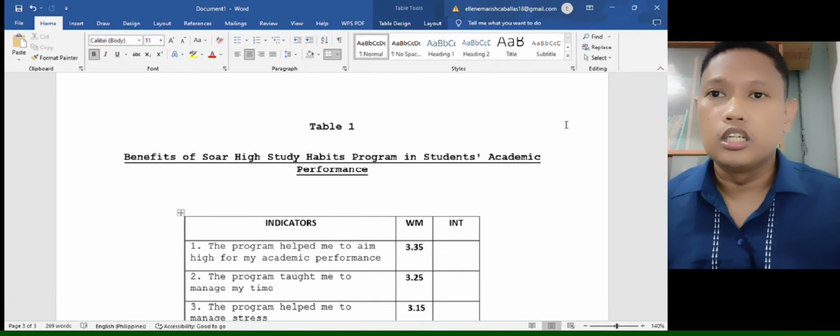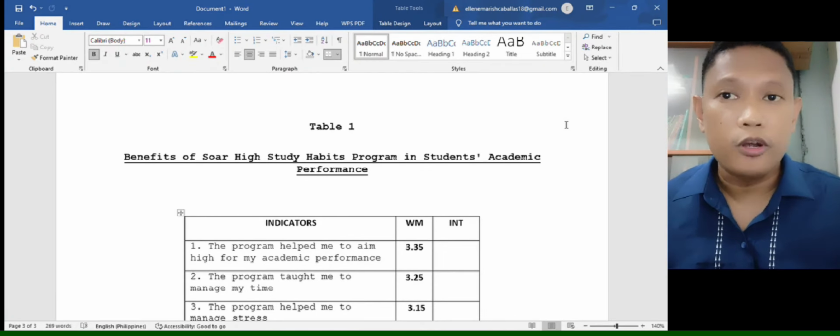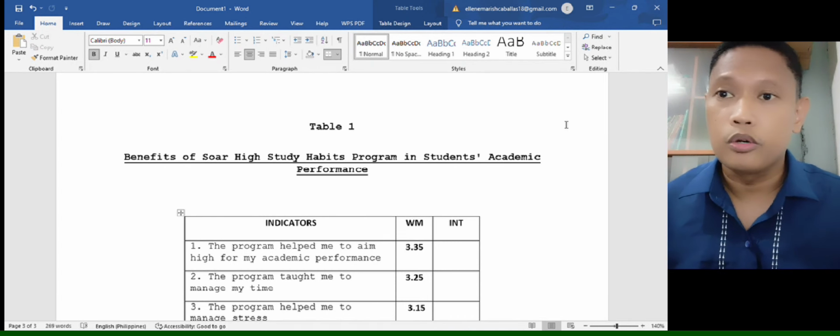Okay, so before writing the analysis and interpretation, it would be better if we create a table. With a table, we can present the data more clearly, and it will give the reader more information in an organized manner. So a table is really important, okay?